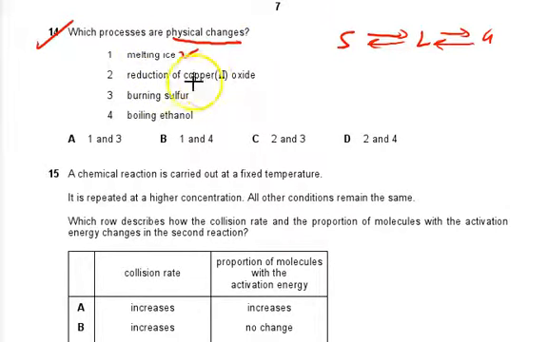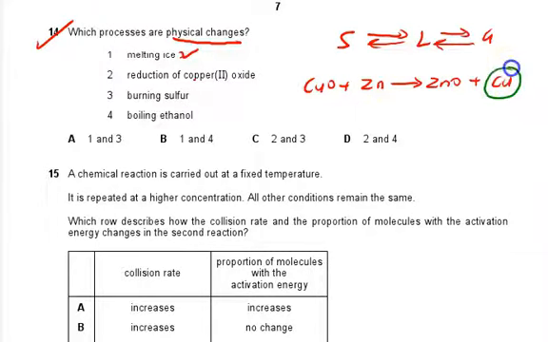Okay, reduction of copper(II) oxide. So copper(II) oxide, let's say I do an equation over here, plus zinc. So what happened? Here you have zinc oxide plus copper, but this is not a reversible process. The copper cannot again become copper oxide.